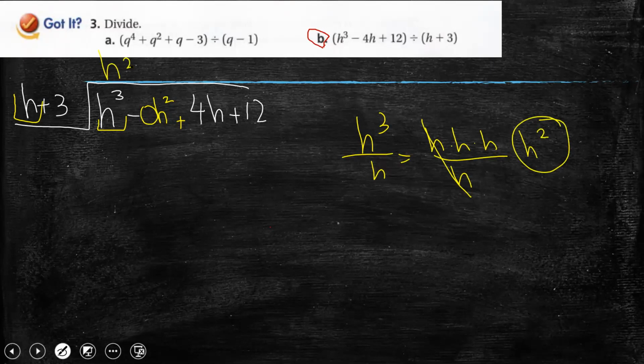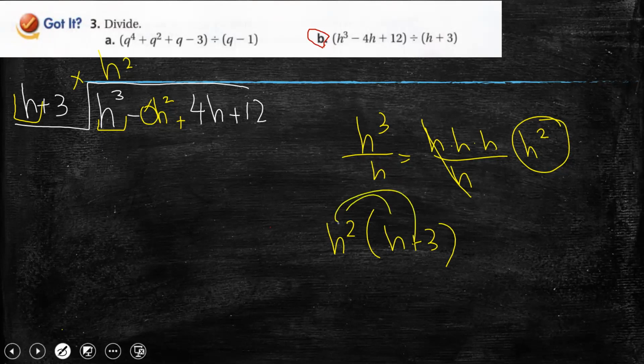Okay? Then you want to multiply the h squared by h plus 3, the whole divisor.